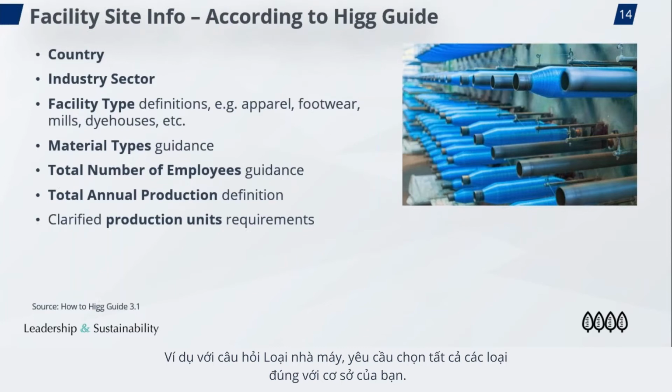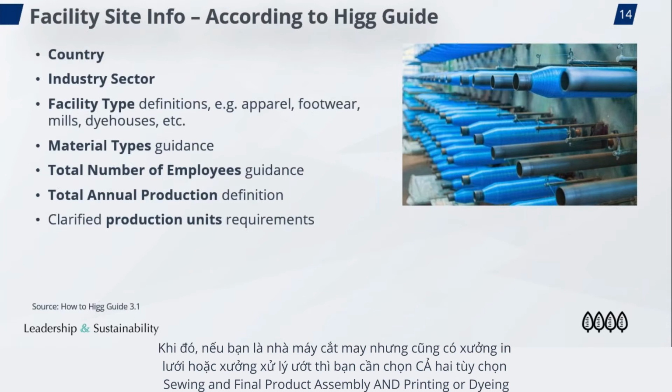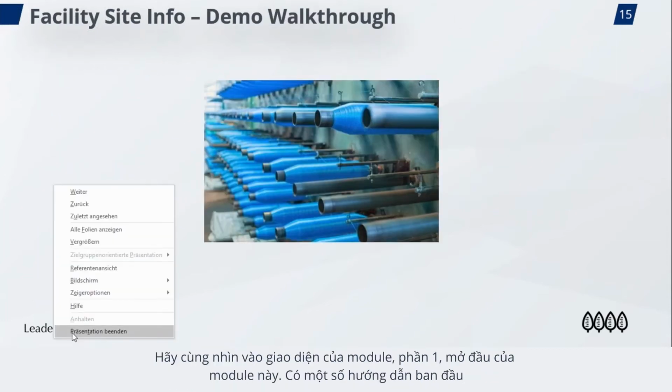This means that if you are a cut and sew facility that also does screen printing or wet processing on site, you would select both sewing and final product assembly, and wet processes might be washing, dyeing, or printing.